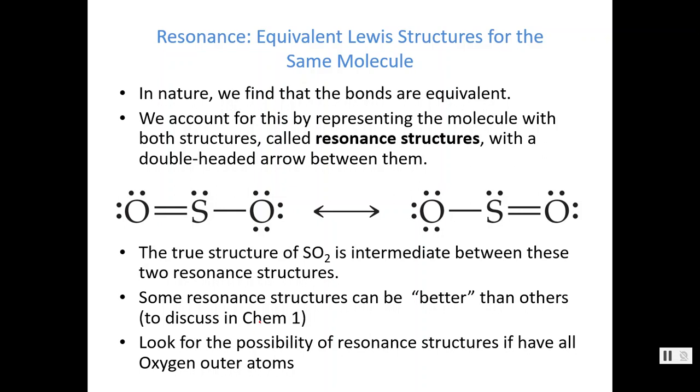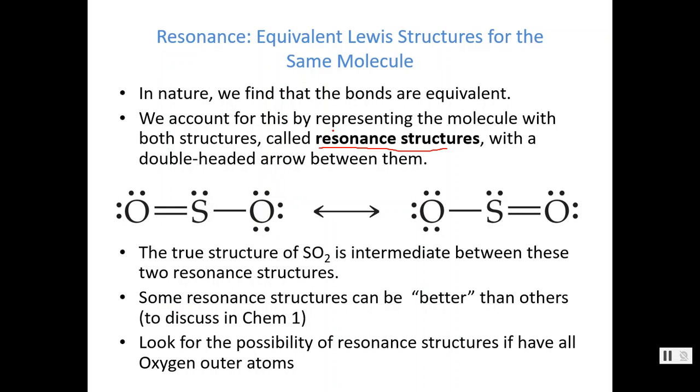I'm just more concerned that you know about this concept of resonance structures, which is that for some molecules, you can draw Lewis dot structures that follow all the rules and are still valid. And like I said, there are some caveats to that. There are some resonance structures that can be better than others. You talk about that more in Chem 1. We're not going to talk about them here.